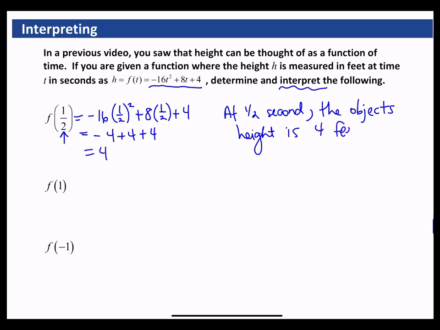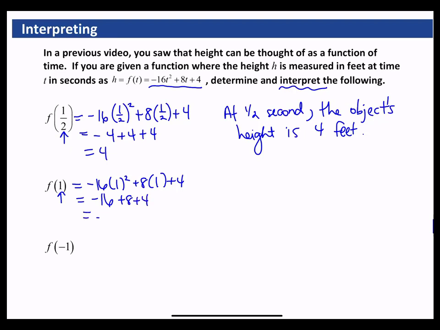Can you have a negative height? No, this one doesn't make any sense. Mathematically we can totally compute f of 1, but realistically, does it have an interpretation? The answer is no.